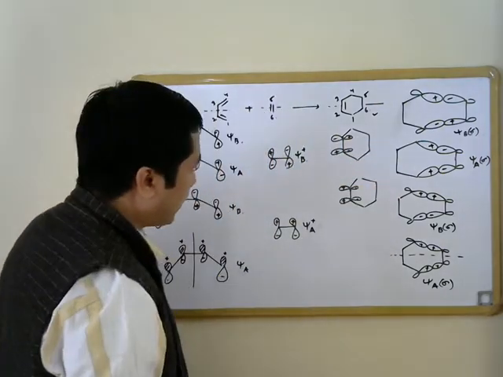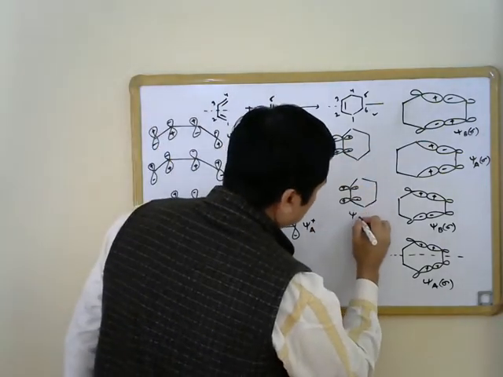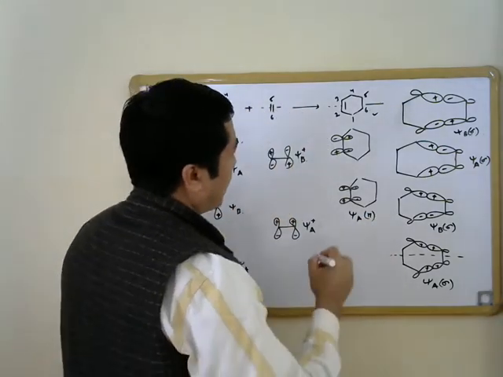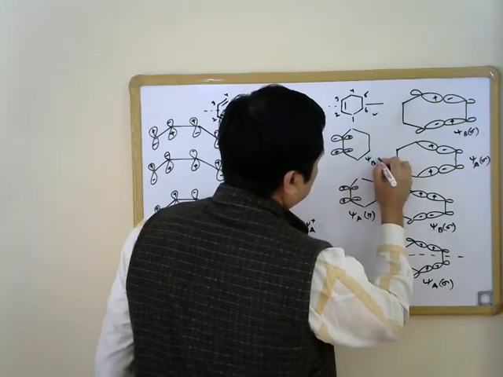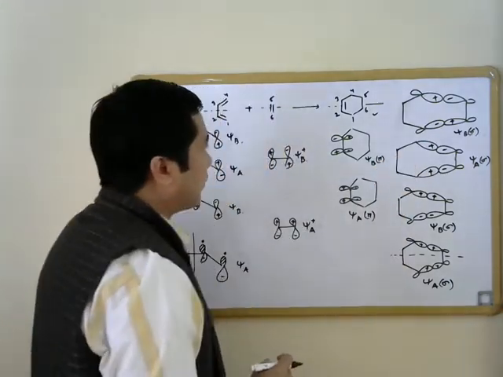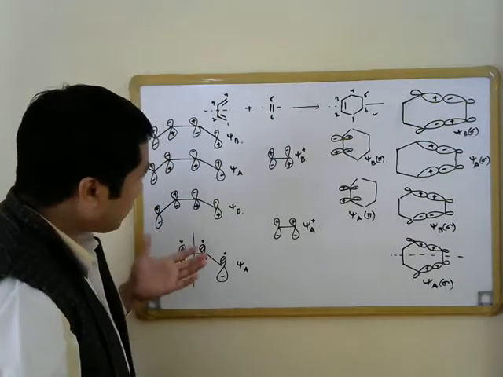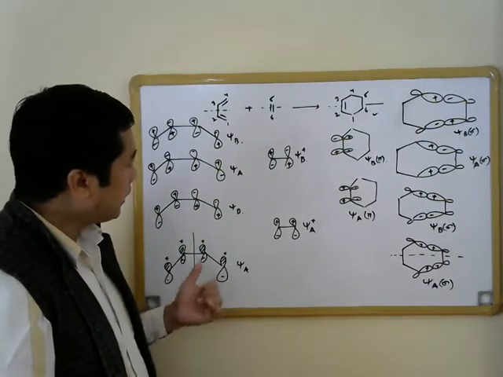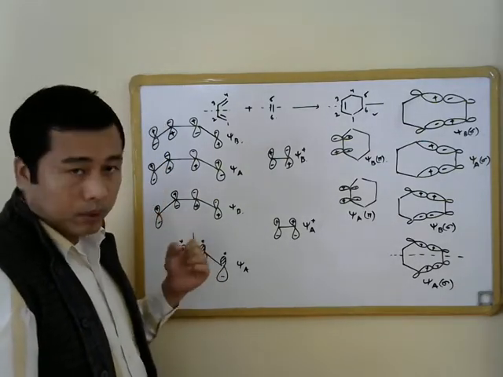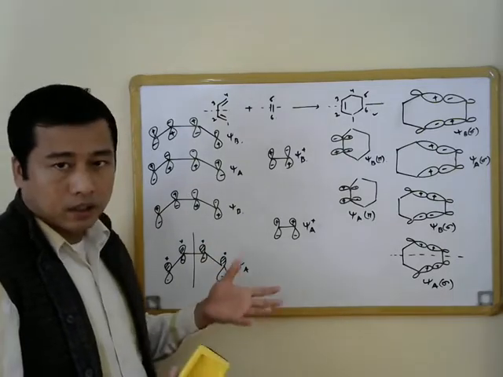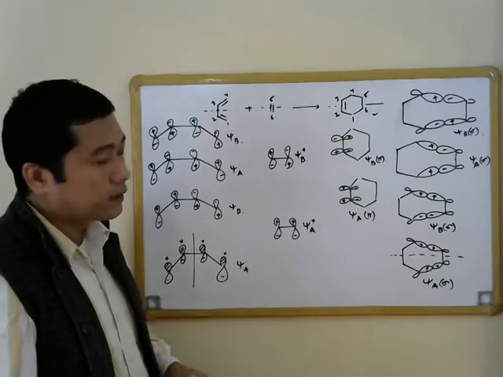In this way, this is psi A pi, and this is psi B pi, because it is antisymmetric with respect to the sigma. So we have identified all the molecular orbitals and their symmetry in the reactants as well as in the product.